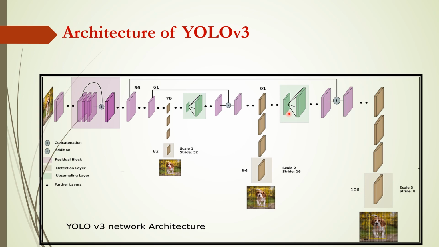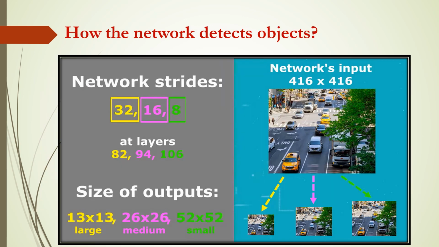So how does this network detect objects? YOLO V3 makes detections at 3 different places in the network. These are layers 82, 94 and 106, and these numbers are called strides of the network.